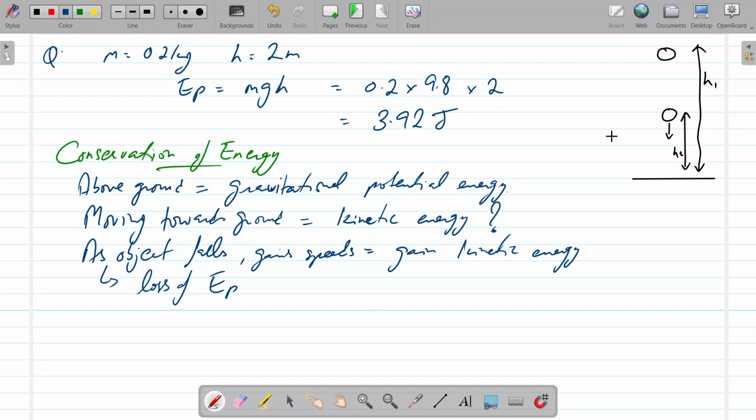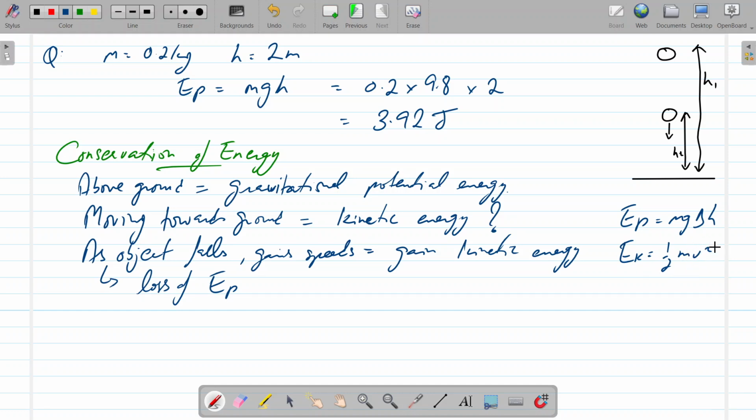And so EP is mg delta h. So the lesser the height above the ground, the lesser the gravitational potential energy, right? And Ek equals half mv squared.